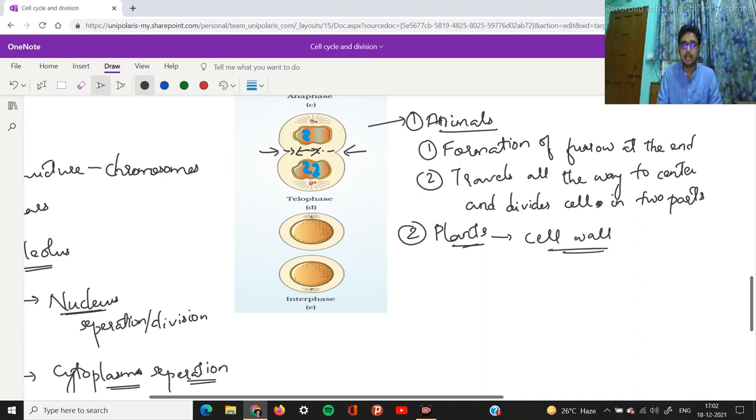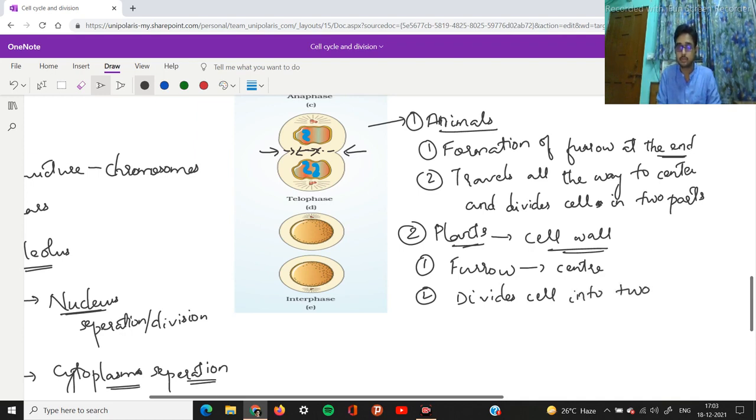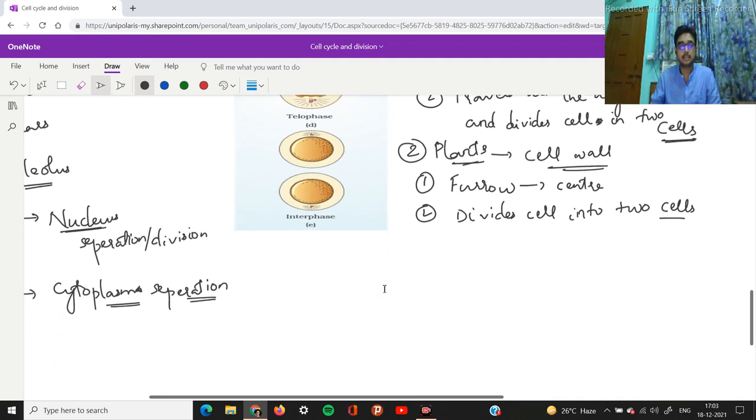The furrow begins at the center, travels all the way to the end, and then divides the cell into two cells. All right, so this is finally cytokinesis.